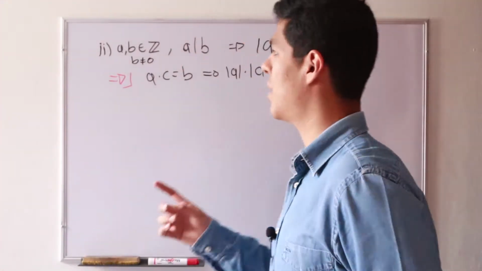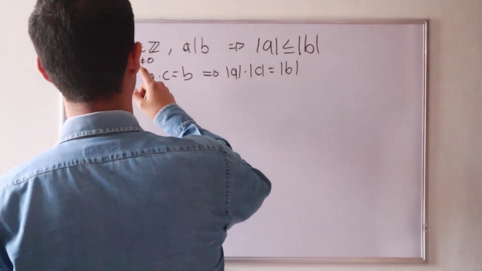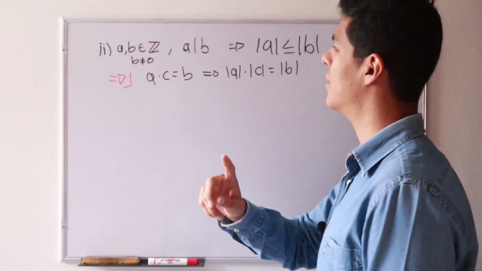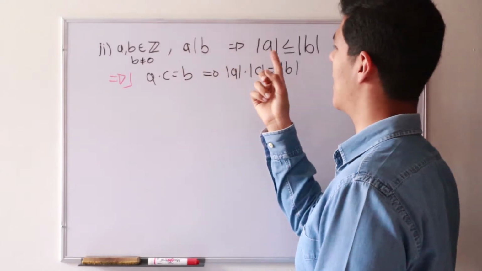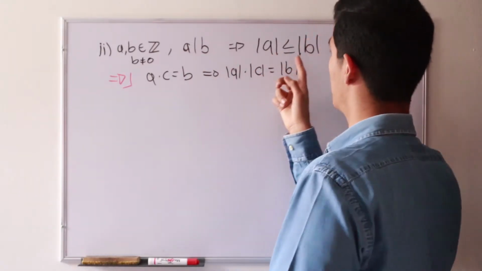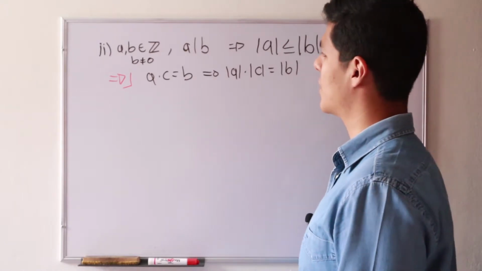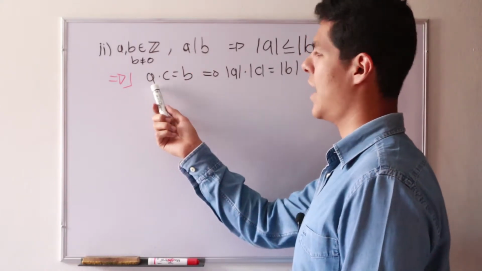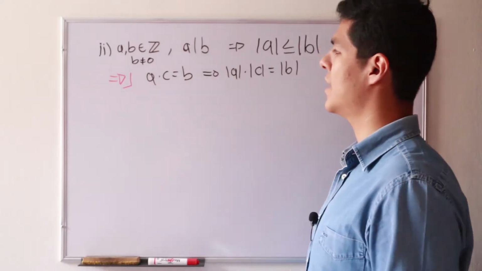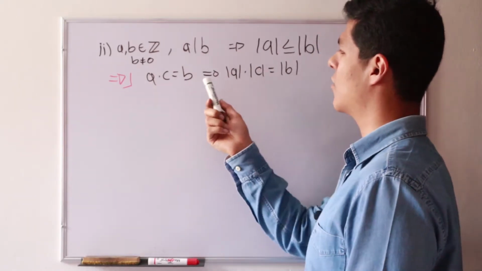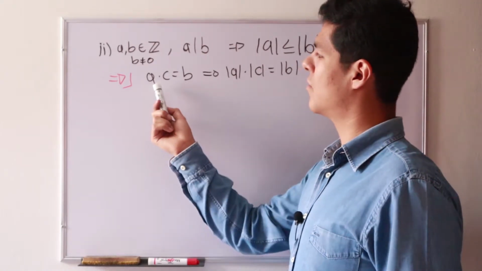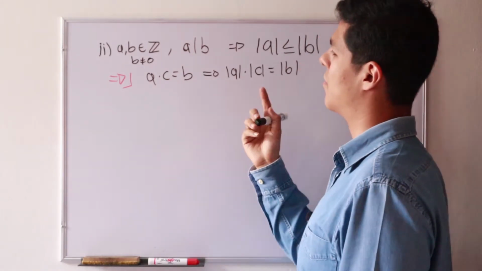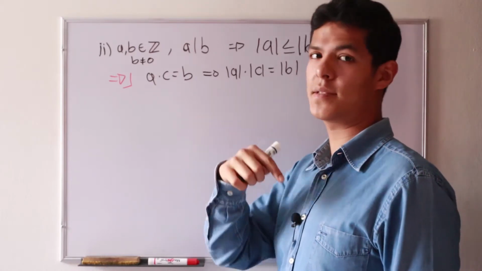Okay guys, so the second property that we are going to demonstrate is this. Given two integers, such that B is different than 0, then if A divides B, then the absolute value of A is less or equal than the absolute value of B. So here we have, from the definition of divisibility, that A times C equals B. So this implies that we can work with all these integers as absolute values, from the past proposition.